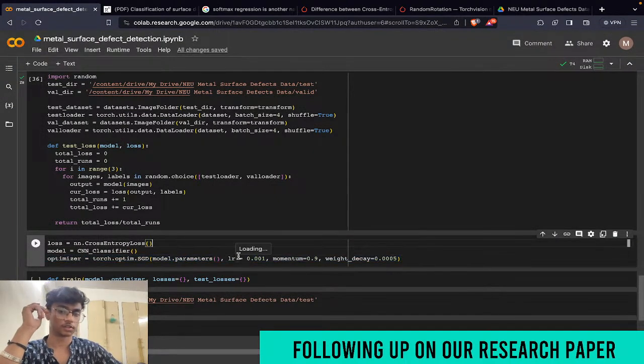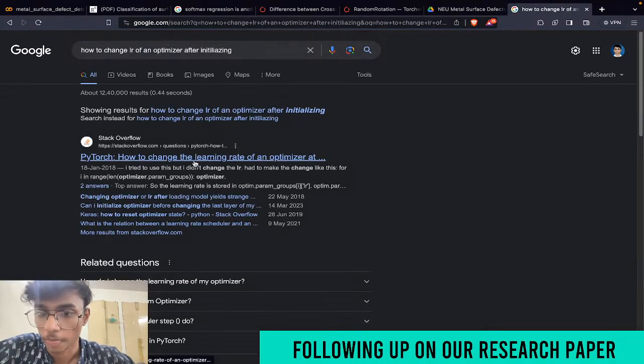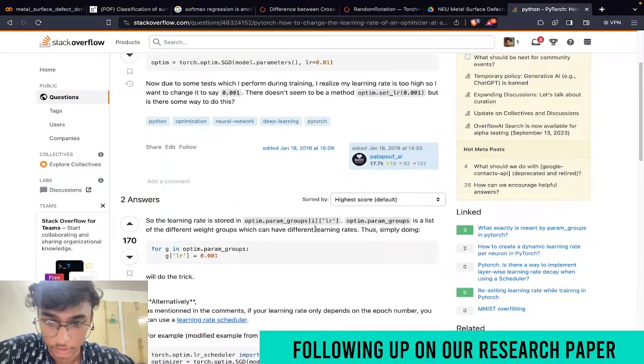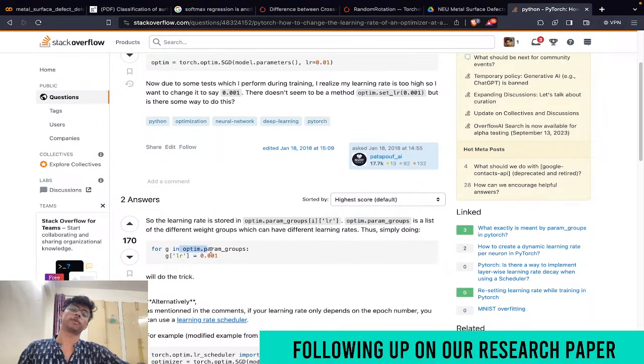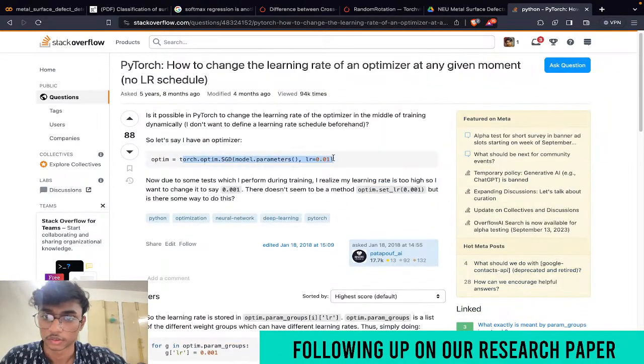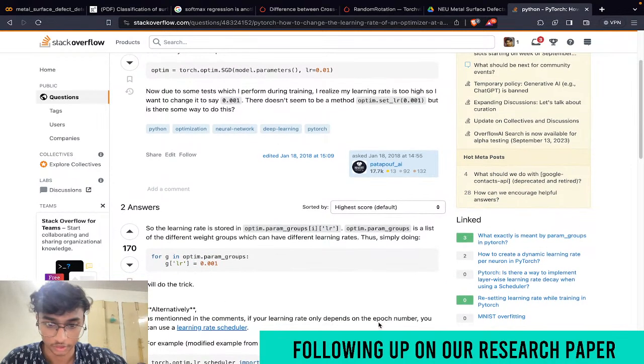We'll just set the LR in optim param groups, the learning rate only depends on that.